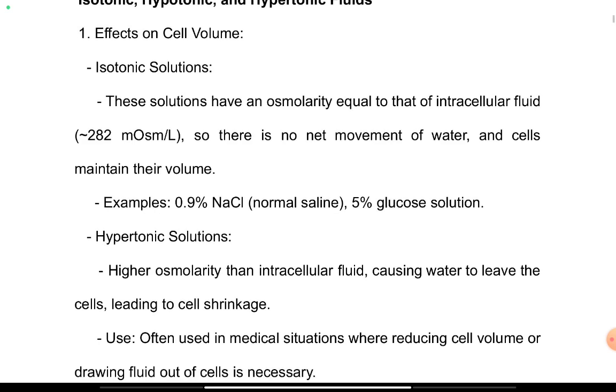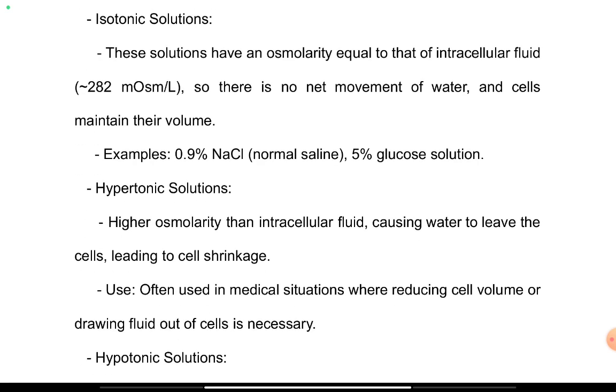But when you're talking of hypertonic fluid, like 5% dextrose saline: 5% dextrose water only contains glucose, which is about 270 milliosmol per liter. So when you say 5% dextrose saline, or dextrose sodium chloride, the sodium chloride is about 300, and you are adding it to the dextrose again, which is 270. So that is about 500. That is already a hypertonic solution.